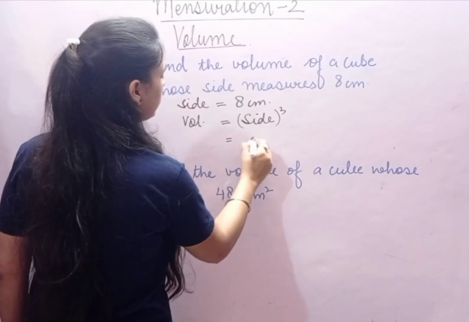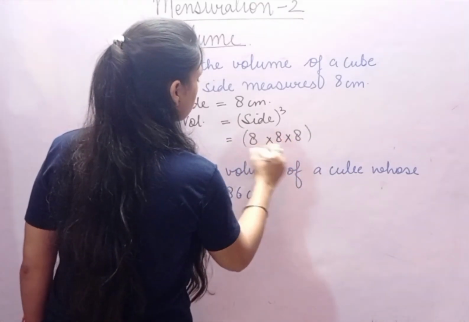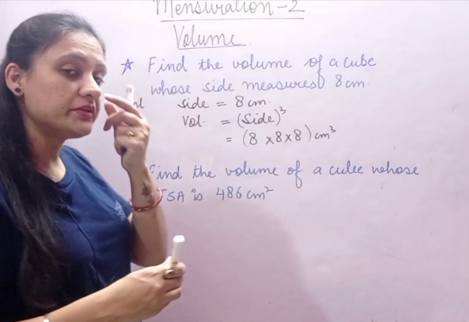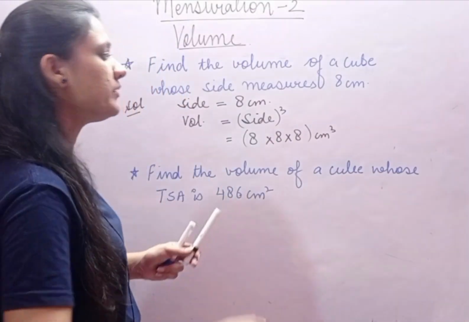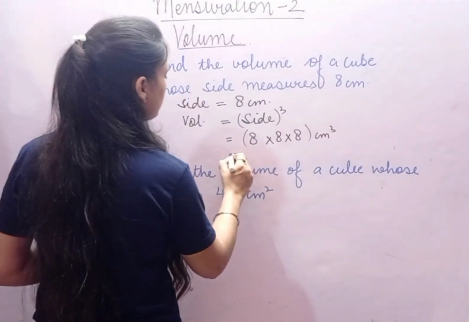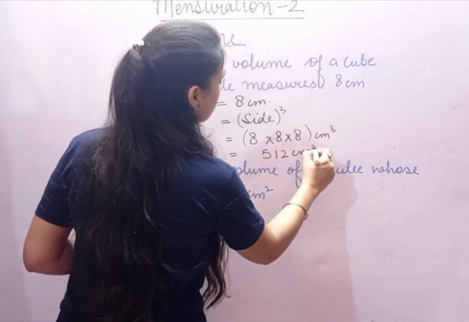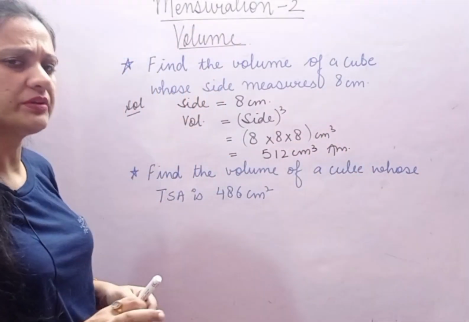So what do you have to do? 8 multiply 8 multiply 8. The unit, always remember, is like this: the unit of perimeter is a single unit, area is square unit, and for a cube it is cubic unit. So the cube of 8 is 512 centimeter cube. This is our answer, the volume of a cube. This is a simple question.